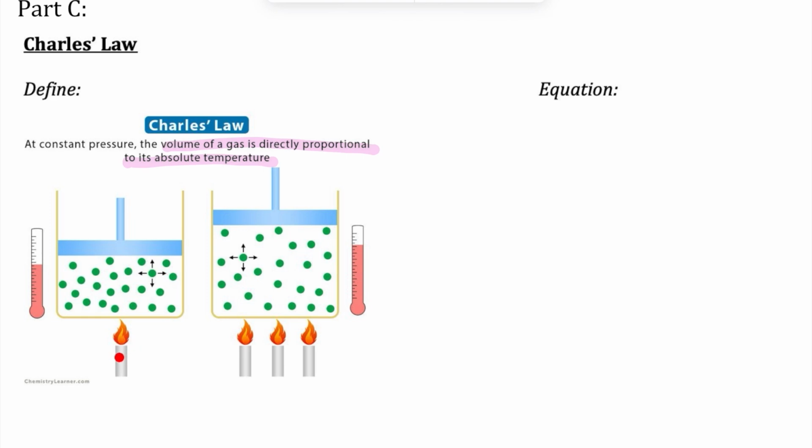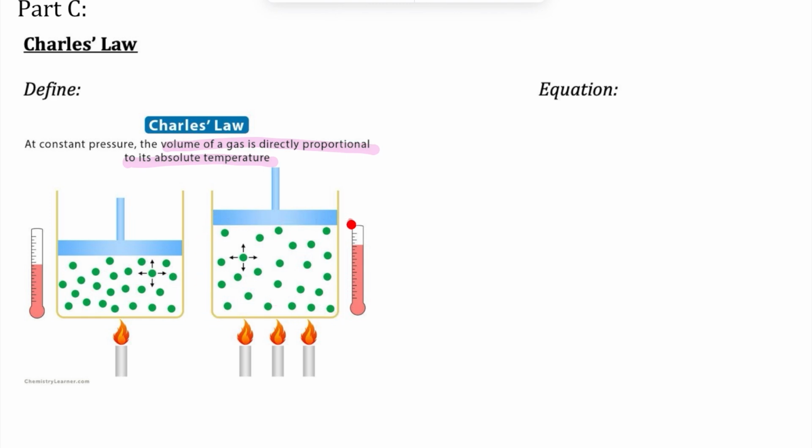And so as we look at this, volume of gas is directly proportional. If we have a low temperature shown by this one candle, that means that our molecules are going to be moving more slowly, but they're still going to be colliding with our container. Pressure staying the same means we need to have the same collisions before and after. So to keep that constant pressure, if we have more heat, our molecules are going to move more quickly.